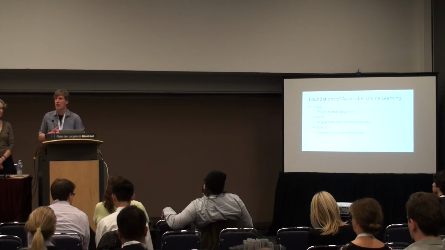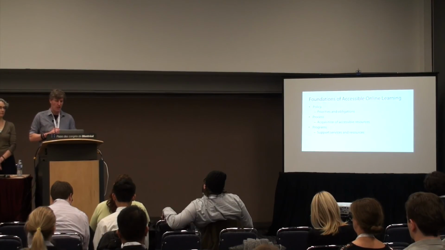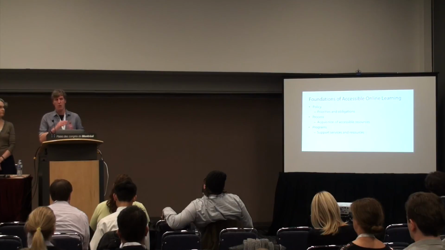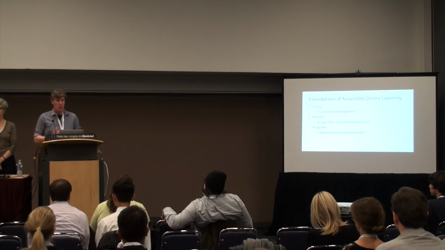Then there are programs. The master plan identifies areas where central services or programs can help individuals and groups achieve their objectives and meet the obligations identified in the policy. For example, if we want to use online video to support learning, to provide a richer learning experience, we also want to make sure that video is captioned and audio described when required.